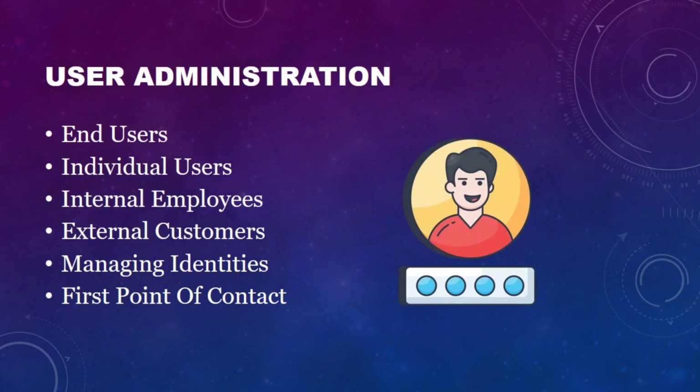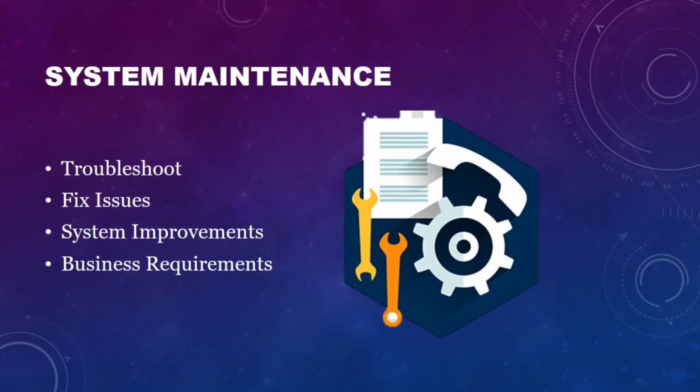So activities range from managing identities and access management to providing dedicated technical support to individual users. As a system admin, you may be the first point of contact within the IT department for users to resolve any technical issues. Then the second one is system maintenance.